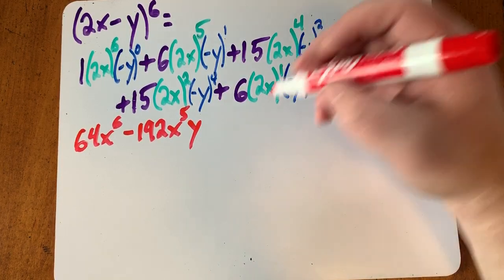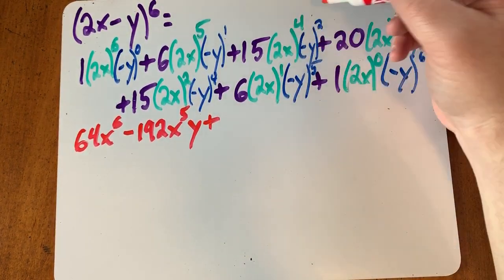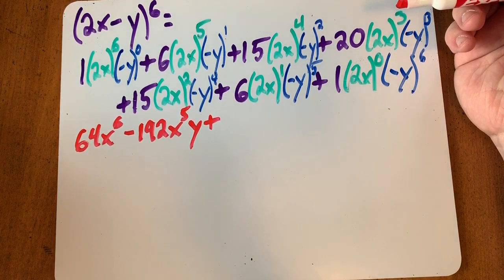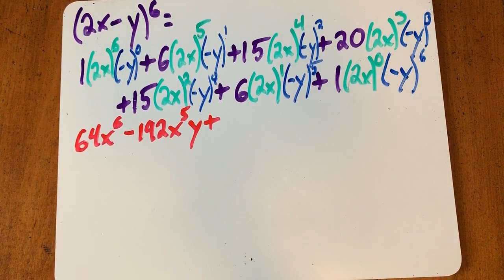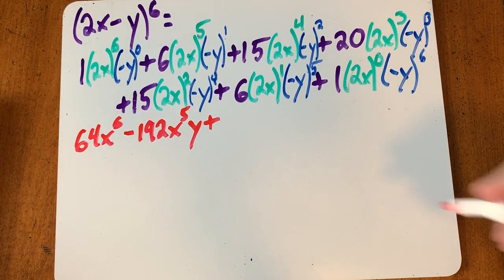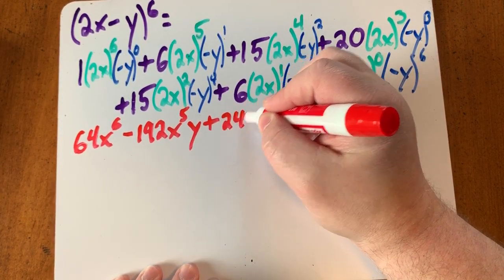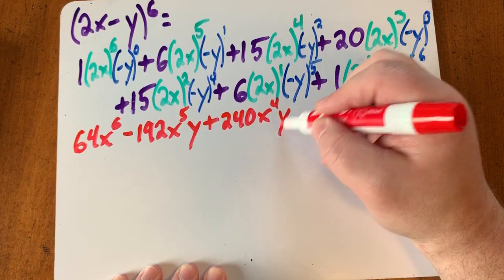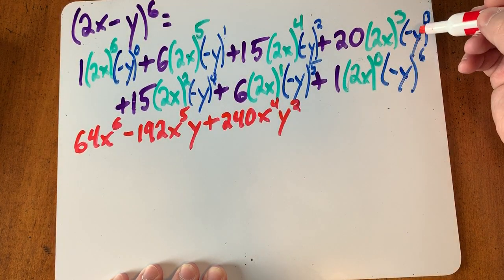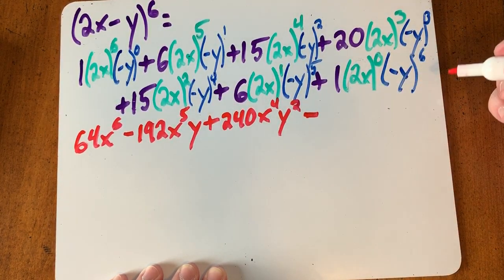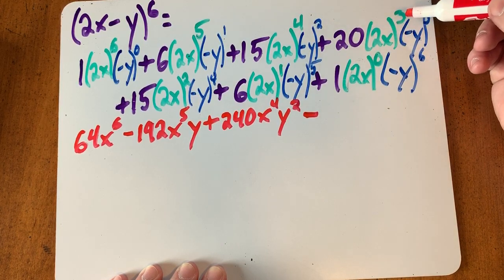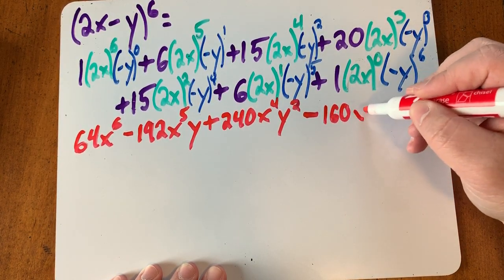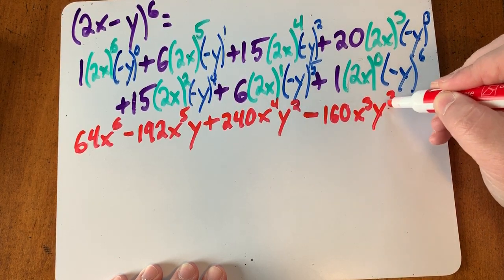Negative squared is positive, so it's going to be plus. 2 to the 4th is 16 times 15, 240. So 240 x to the 4th, y squared. Negative cubed is negative. 2 to the 3rd is 8 times 20. It's 160 x cubed, y cubed.